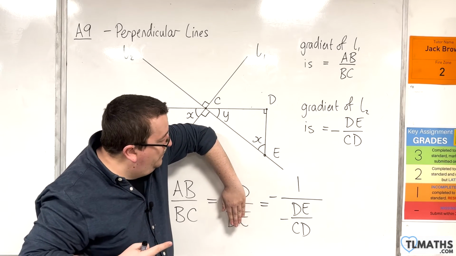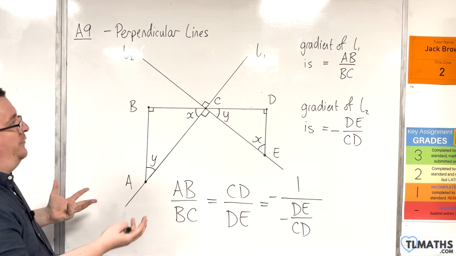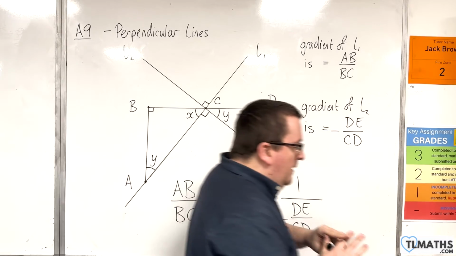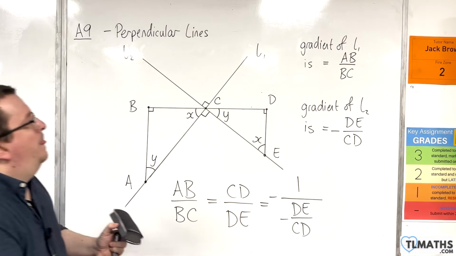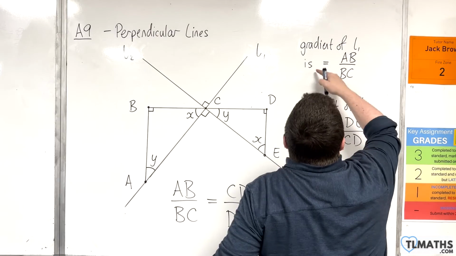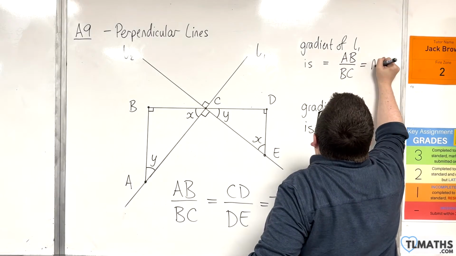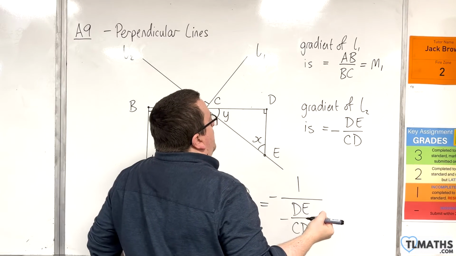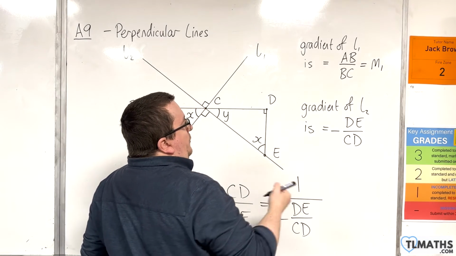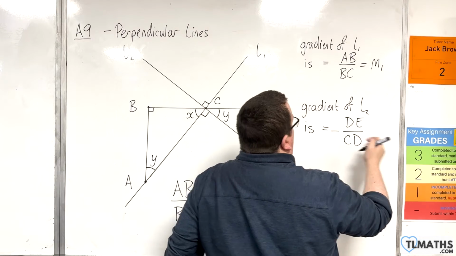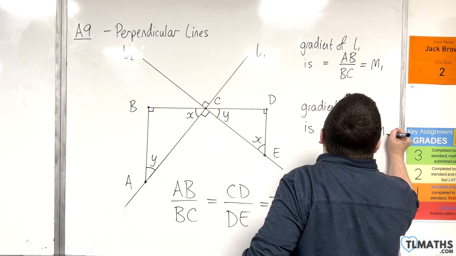So what does that mean? Because this is a lot of letters going on here, let's make this simpler. If the gradient of L1 is that, let's call that M1. And if the gradient of L2 is this, let's call that M2.